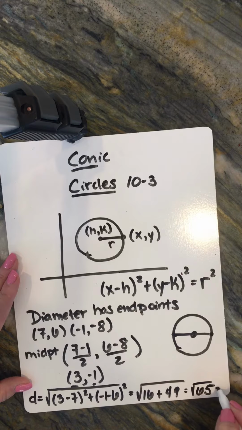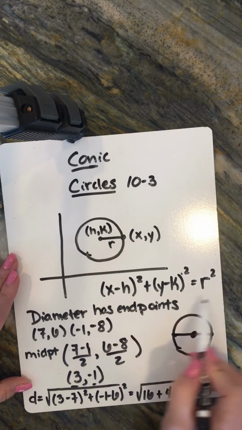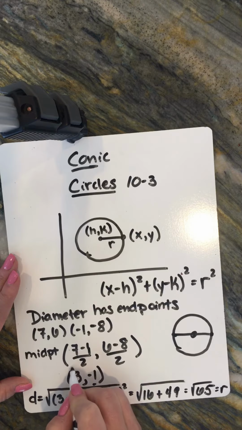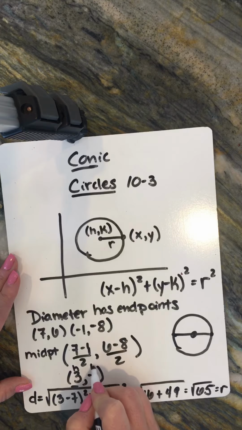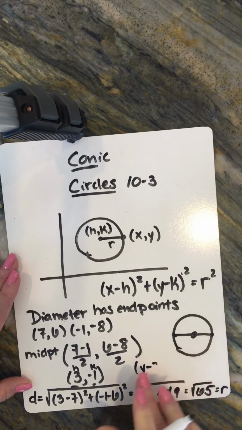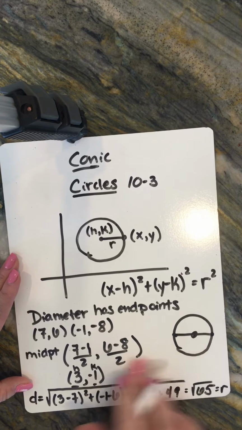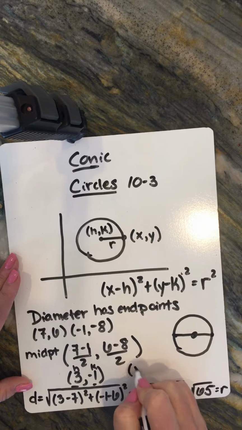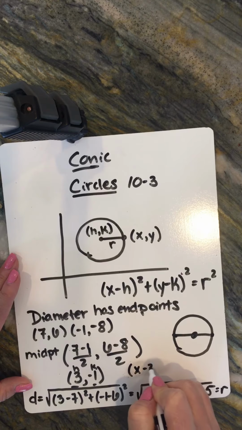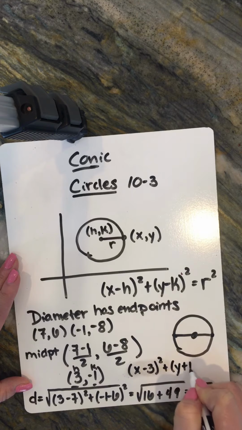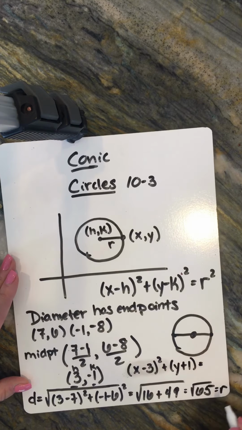When we write out the general form of a circle, here's our h, this is our k: (x minus 3) squared plus (y minus -1) squared equals r squared.